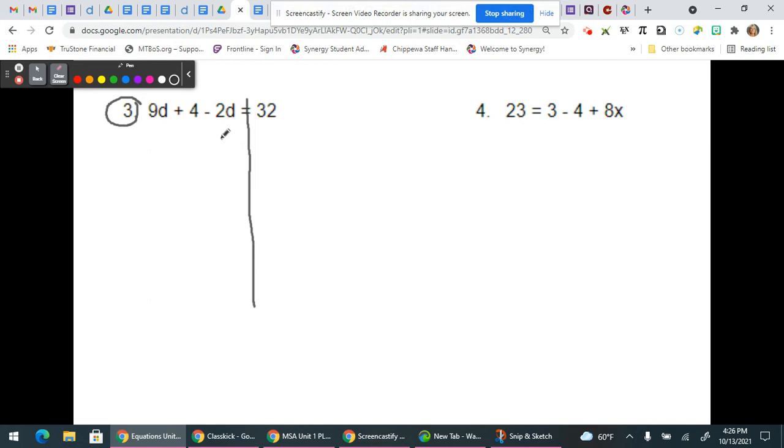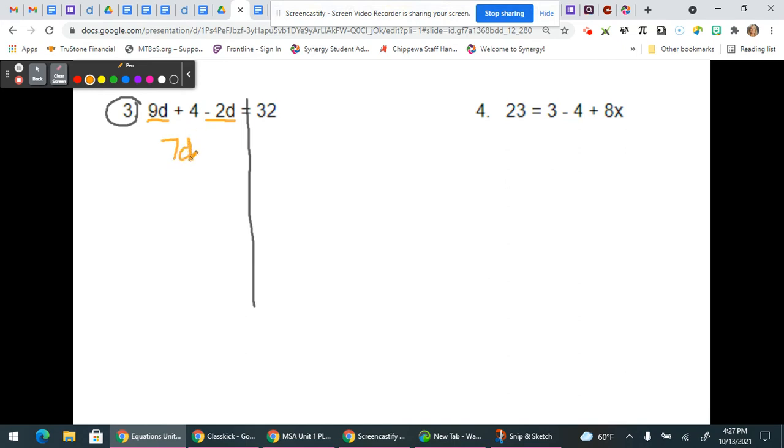I want to make this easier. So to do that, I'm going to take the 9d and the 2d. Now be careful because this 2d is a subtracting 2d, so we're going to think about that like a negative 2d. So 9d minus 2d's is going to give me 7d's.